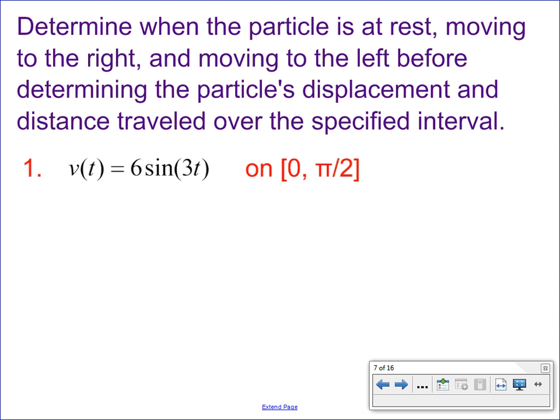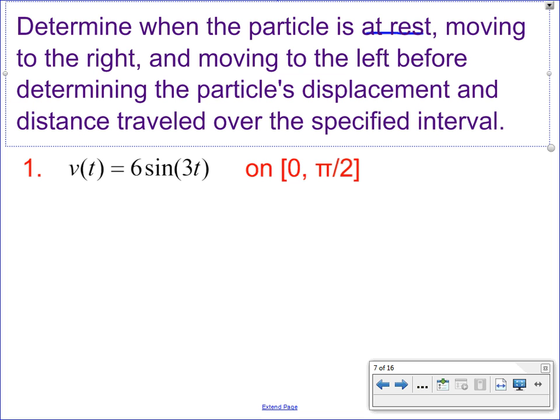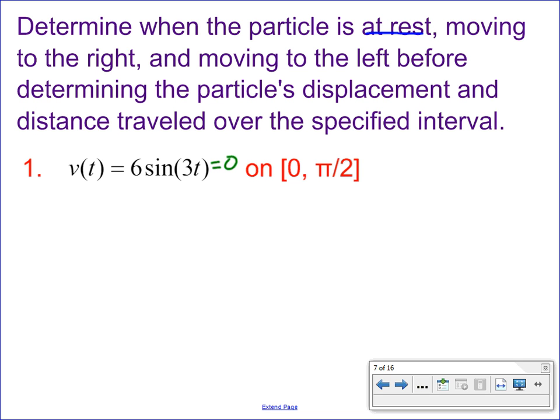First up, non-calculator. Yes, we can determine when the particle is at rest. That's code for stop, velocity equals 0. And so we can set this equal to 0 and solve to figure out when the particle is at rest.